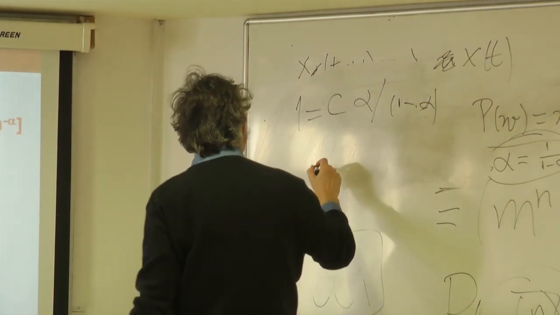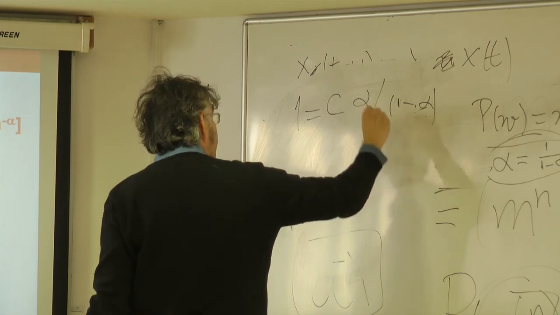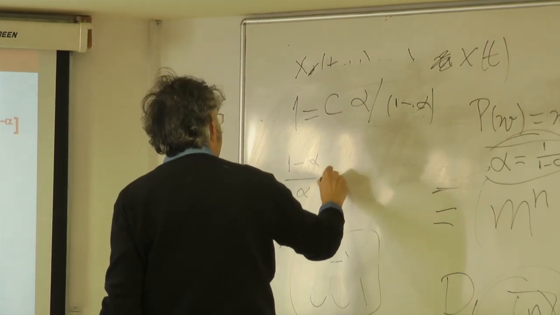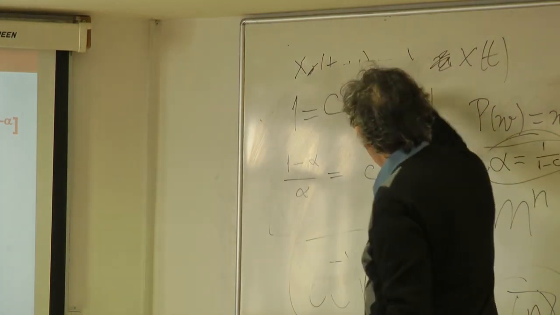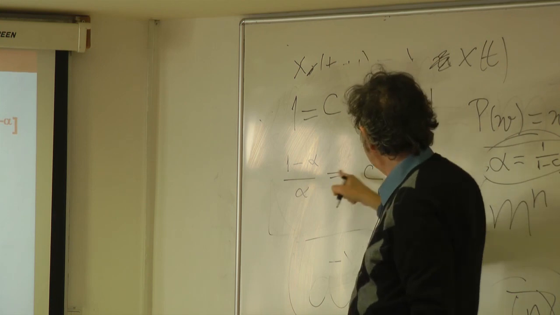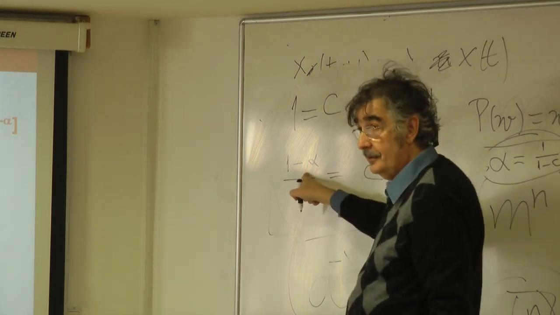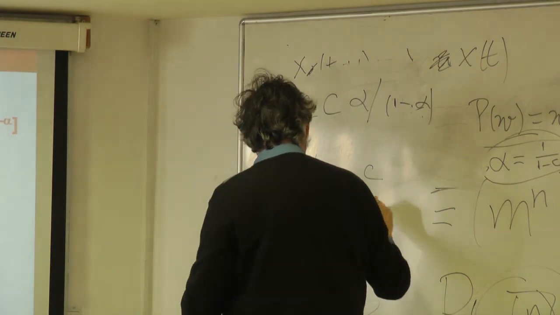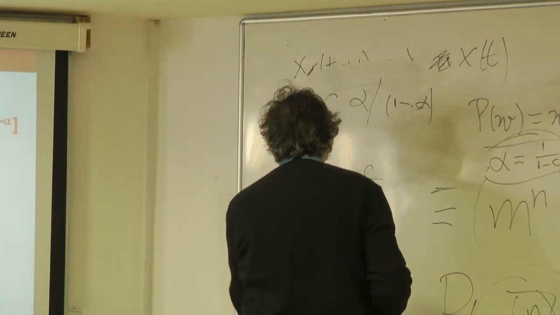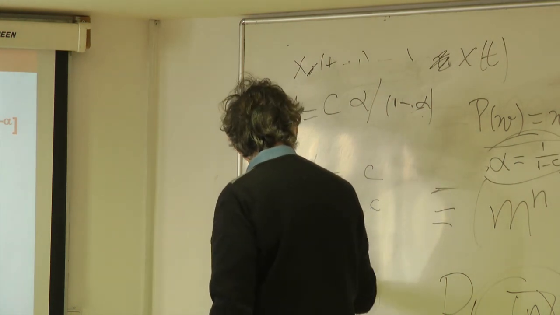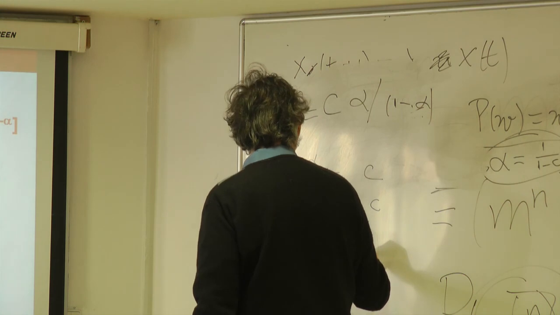This means that I can bring it here with 1 minus alpha over alpha equals C. I just multiplied by 1 minus alpha over alpha, and I cancel this, and it appears on the other member. And this is 1 over alpha minus 1 equals C. Yes, because I divided. And this is 1 over alpha equals, I'm sorry.